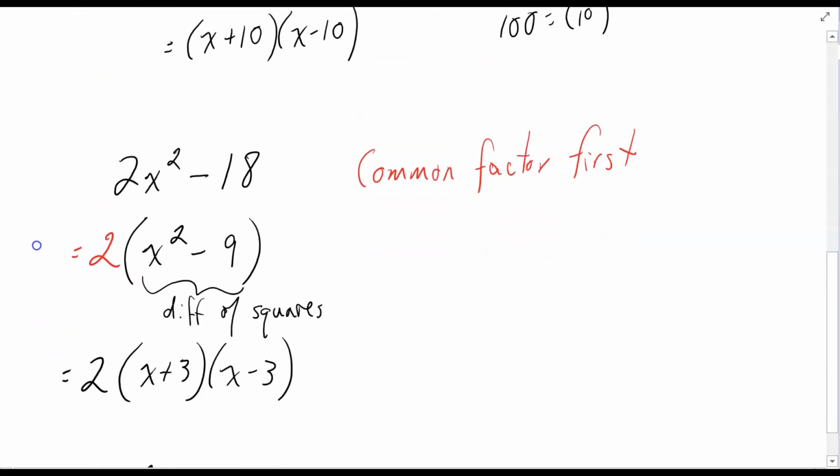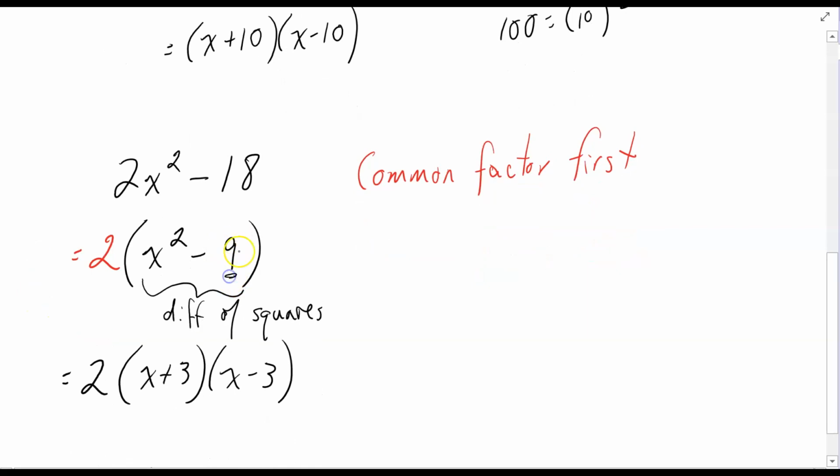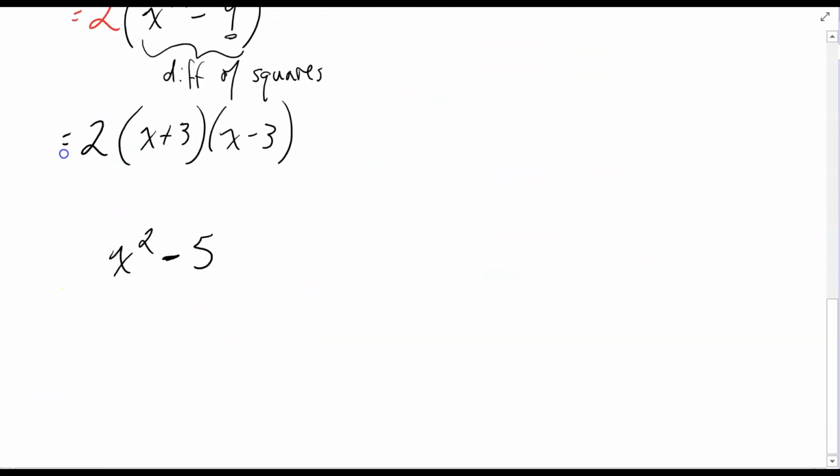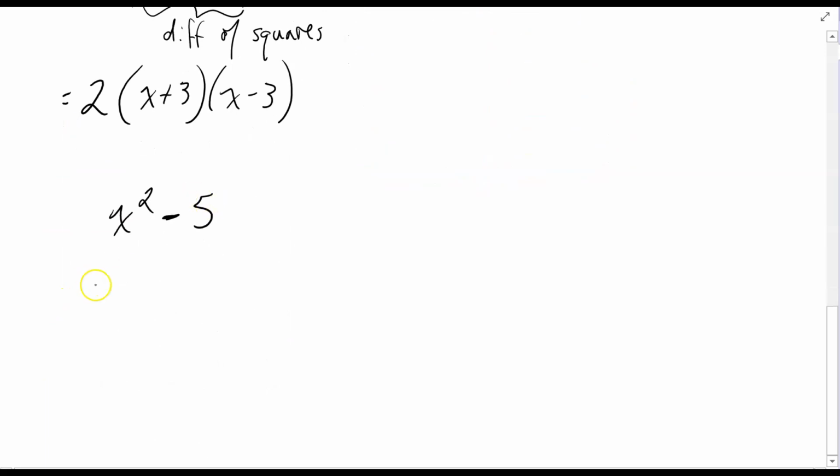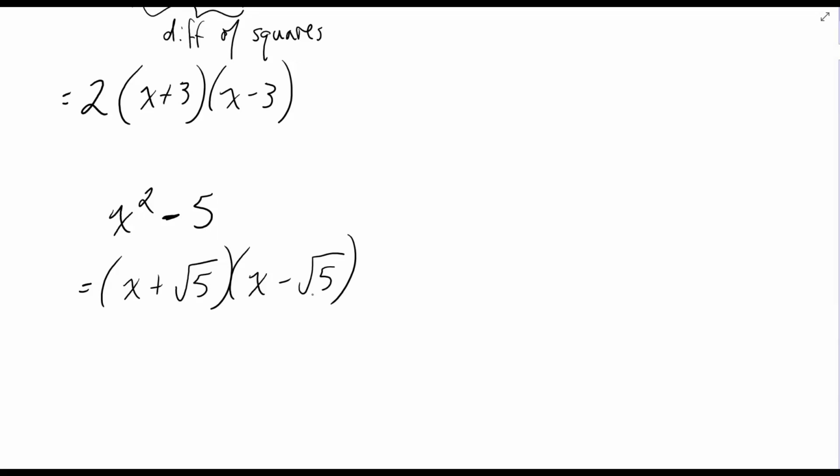We had a 9. The square root of 9 is 3. So we can use the square root of 5. So this will be (x plus the square root of 5)(x minus the square root of 5). And you'll see if you multiply those back together that you get x squared minus 5.